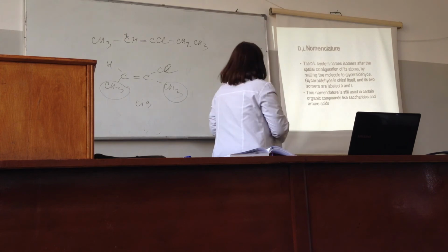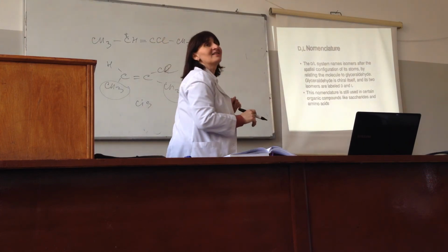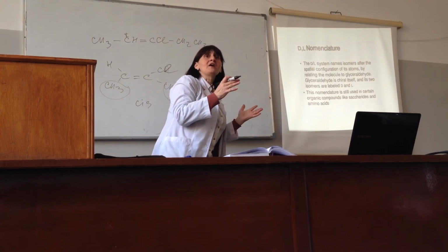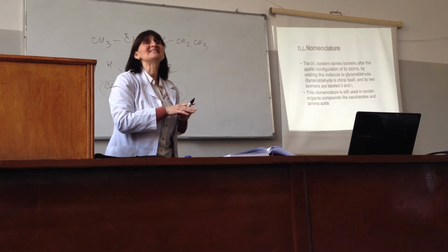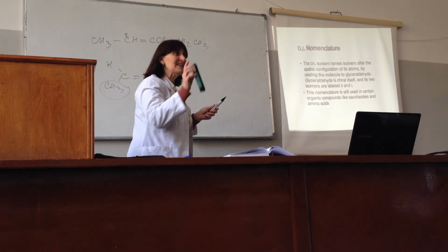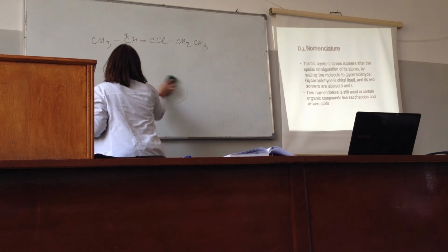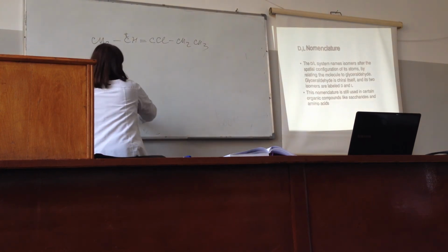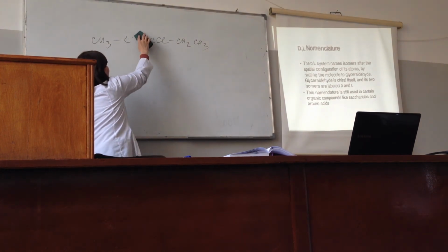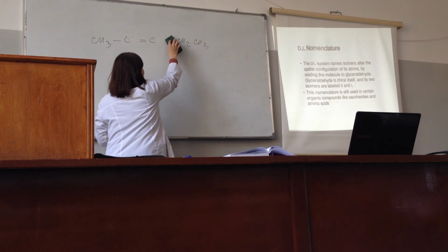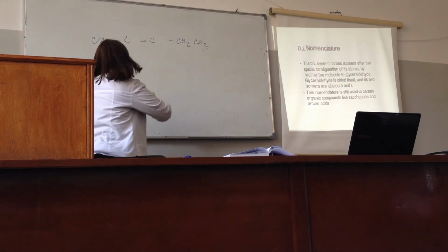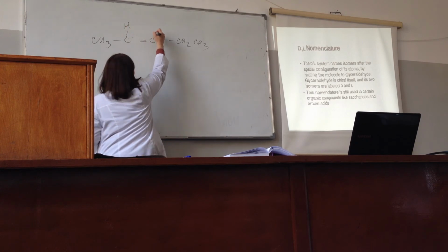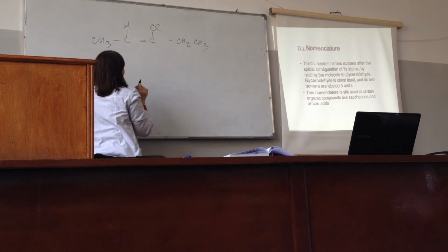Now let's discuss another type of stereoisomers, the E-Z isomers. Once again, let's write separately these substituents, H here and Cl here.